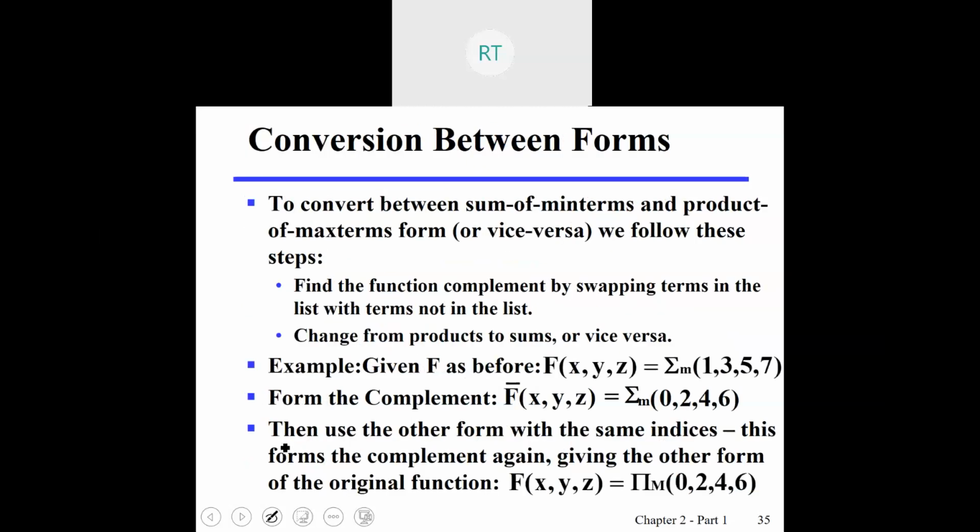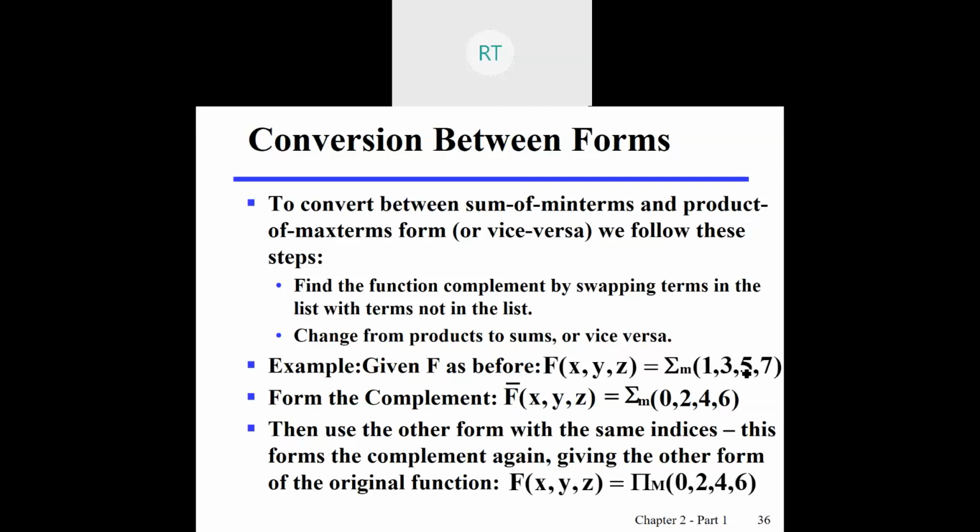To convert between sum of minterms and product of max terms or vice versa, you have to follow the following steps. Let's say you want f of xyz equals sigma m 1, 3, 5, 7. You form the complement by writing f bar of xyz equals sigma m. You check here, where do you have ones? You write the complement of it.